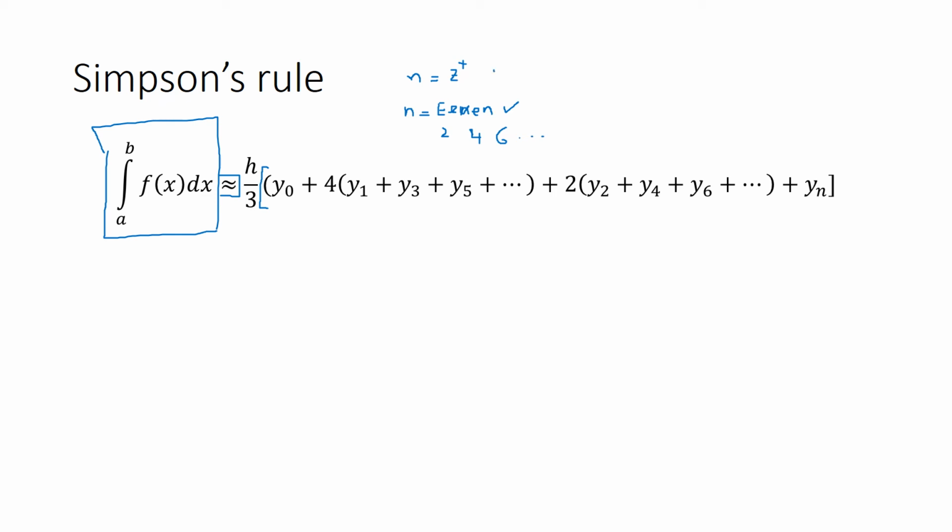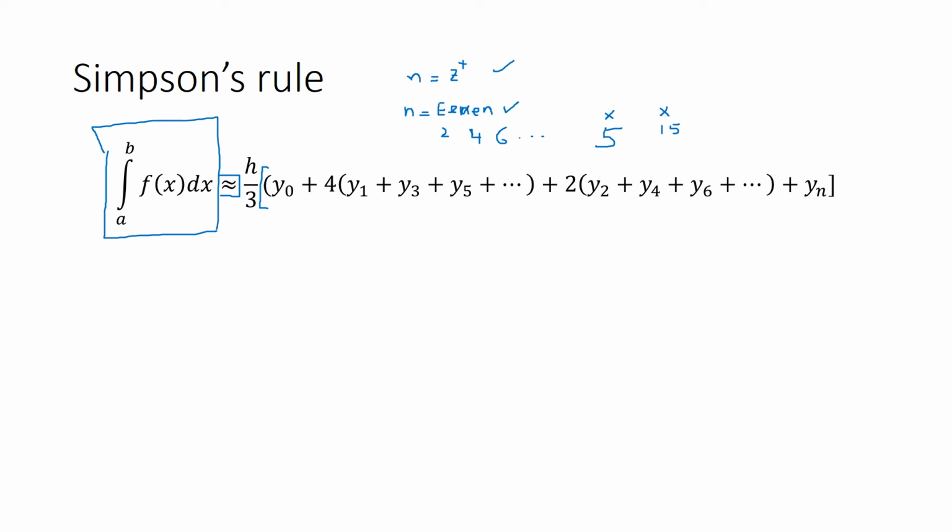And there you were free, you could have 9, you could have 11, but here you cannot take. In Simpson rule, we cannot take 5. No, we cannot take 9, we cannot take 15. Simpson cannot deal with odd numbers.